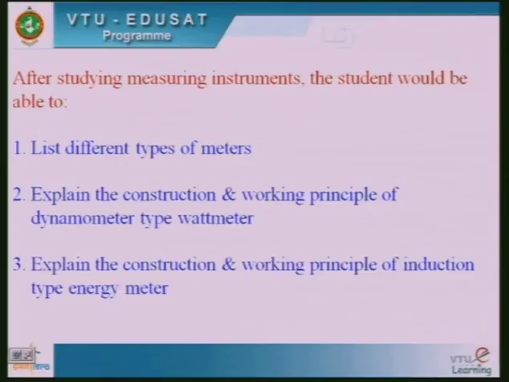For primary measuring instruments, we know the calibration is not required, but for secondary measuring instruments the calibration is required. Calibration means we have to compare the reading of these instruments with the standard values, that is, the meter to be calibrated with respect to the standard meter in the standard laboratories. We have to calibrate the secondary measuring instruments. For primary measuring instruments, the calibration is not required.